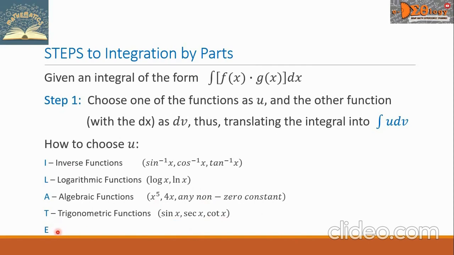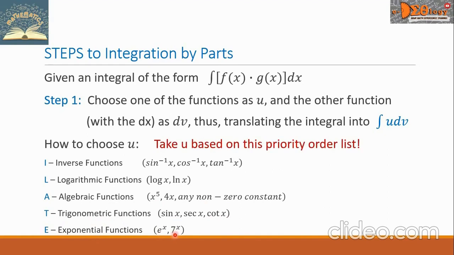The letter E here stands for exponential functions. Examples are e raised to x, 7 raised to x. We're going to take the variable u based on this priority order list.